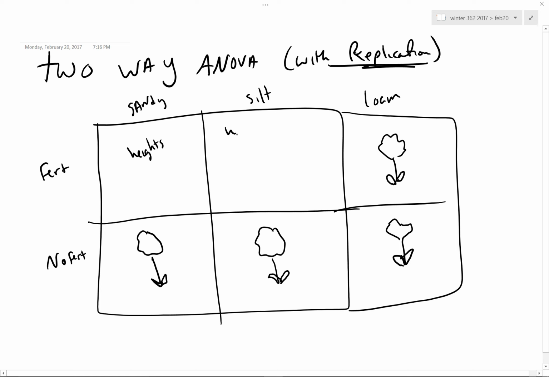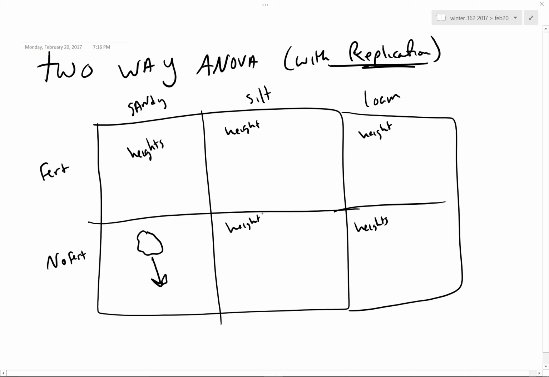And so that's all you're measuring. You're just comparing their heights. Now, what could be changing their heights? Fertilizer or soil type could either one be affecting their heights.